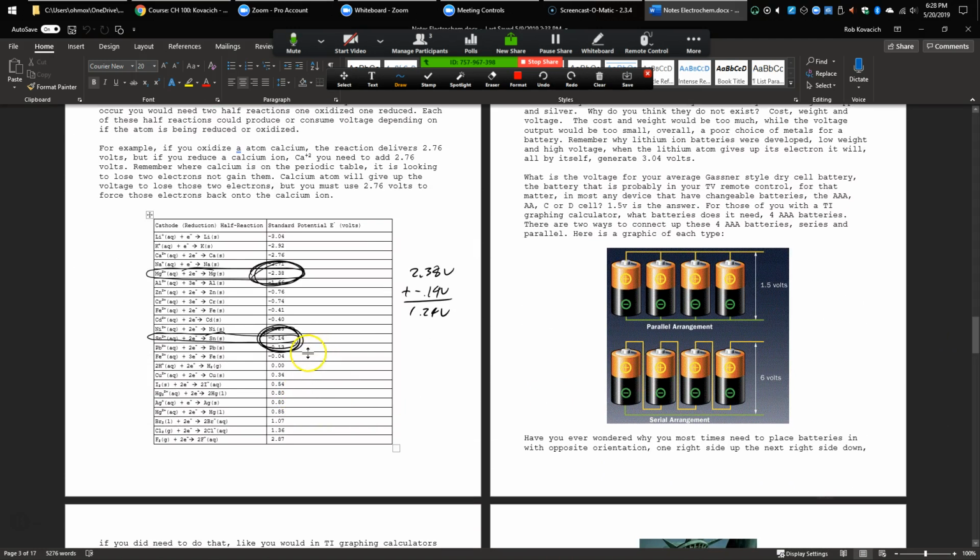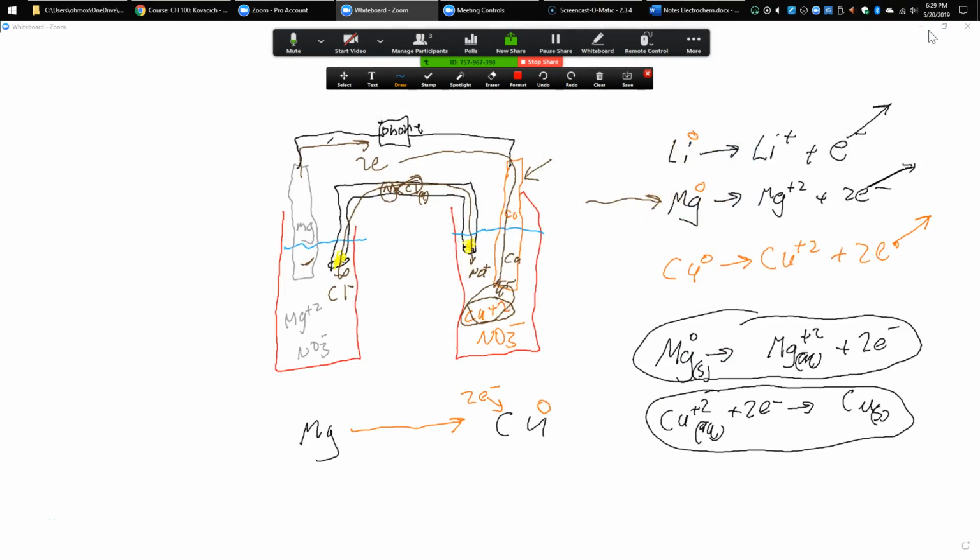So the magnesium is 2.38 volts and the copper is 0.34 volts. So we end up with 2.68 total volts. That's actually a fairly powerful battery, even though it doesn't sound very powerful.